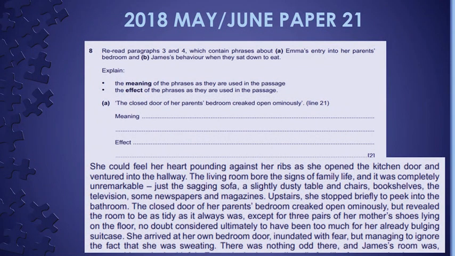What effect does this sentence create in the reader's mind? Just imagine that you were in a film hall and you were watching a horror movie where a door opens slowly and slowly with very suspenseful music playing in the background.